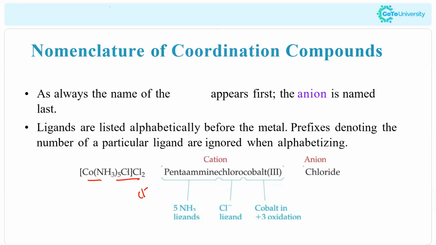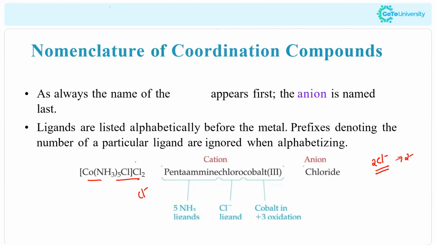So automatically the coordination sphere will have a positive charge. Now we have to know how many positive charges are there on the coordination sphere. In the ionization sphere we have two chlorine atoms, each having a minus charge. So total 2 Cl minus ions are there, producing a total 2 minus charge.